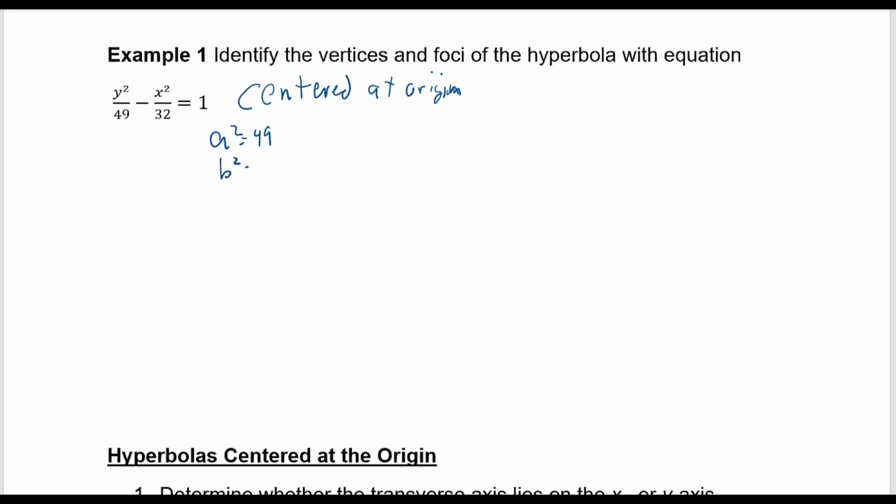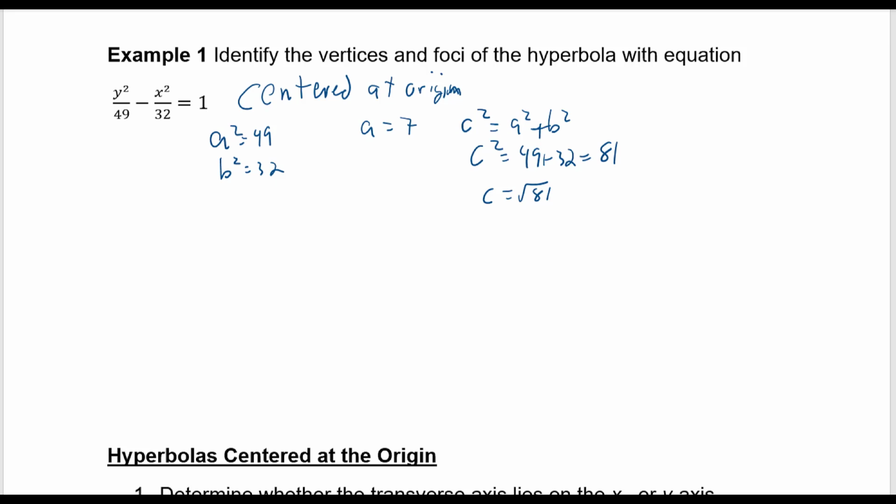Our b squared is 32. So a must be 7. Now c squared equals a squared plus b squared. So c squared is 49 plus 32, which is 81. So c is the square root of 81.